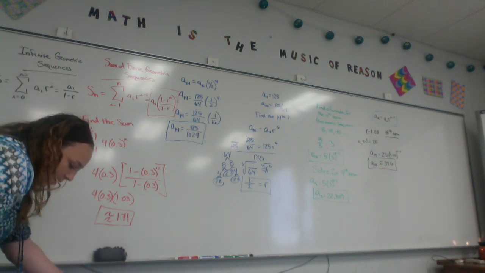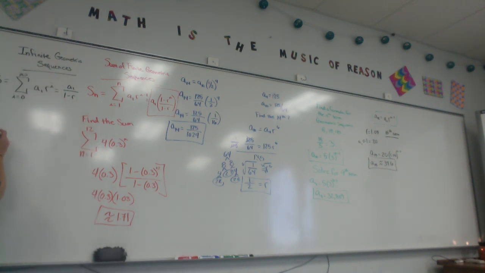So, if they give us an equation that says find each sum, and they give us an infinite series, and I know it's infinite because there's an infinity on top.